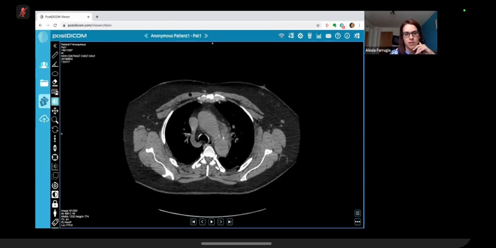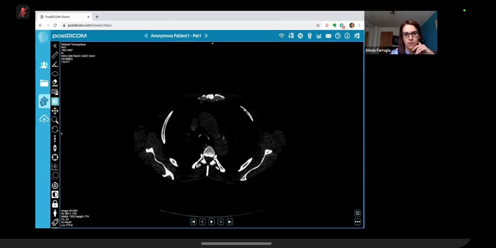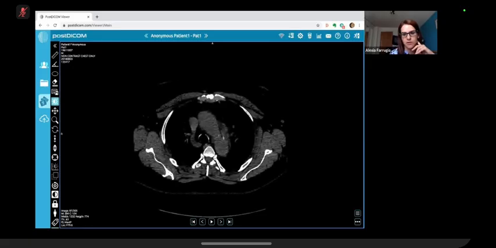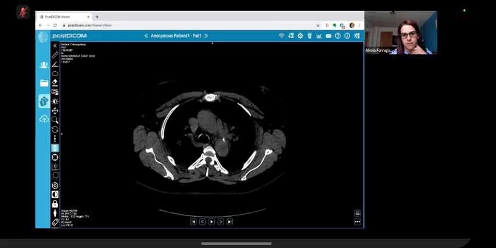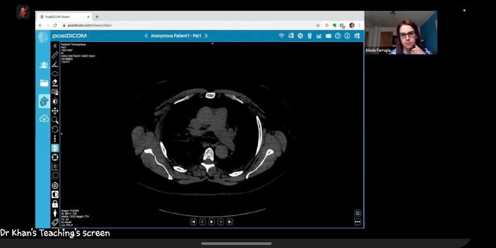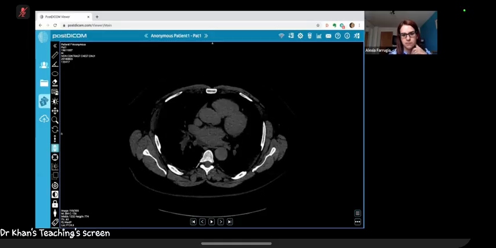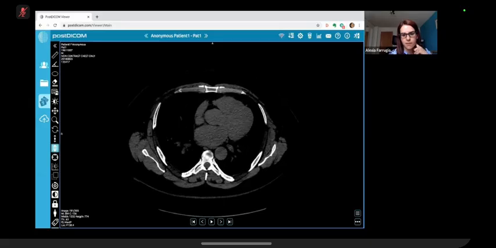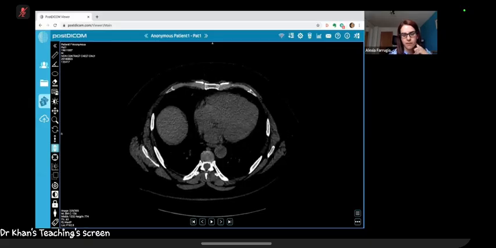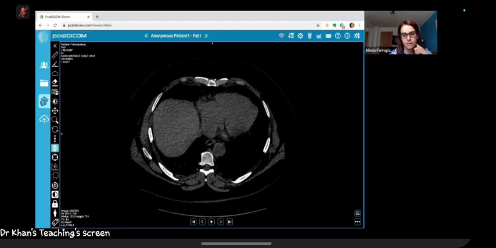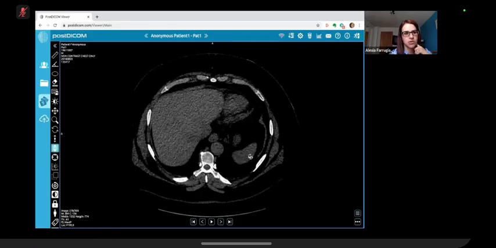And I will window it slightly for you, just to make the finding a little bit more conspicuous. So focus on the thoracic aorta. And now I will show you.